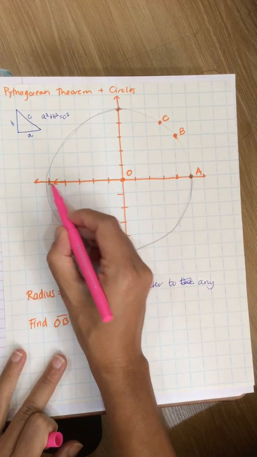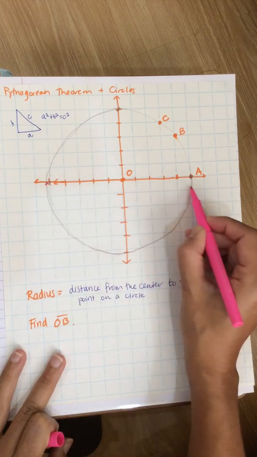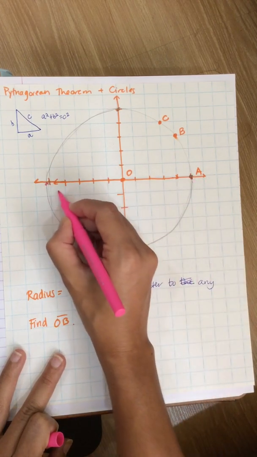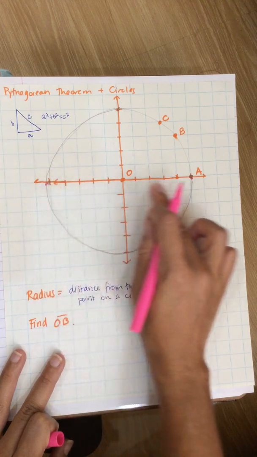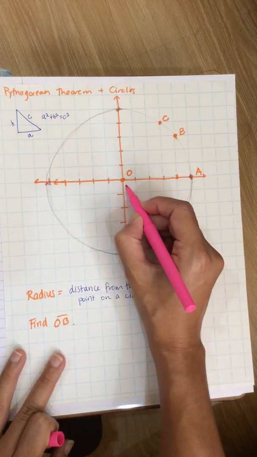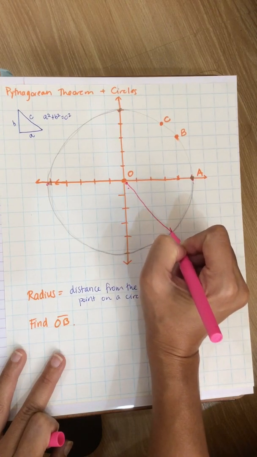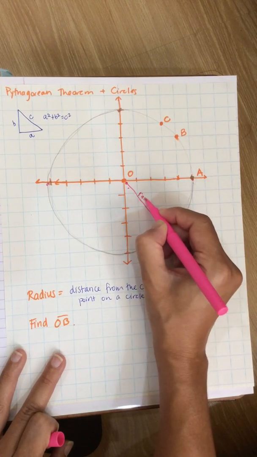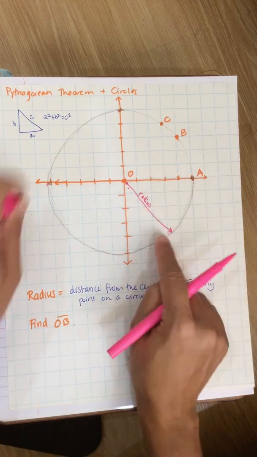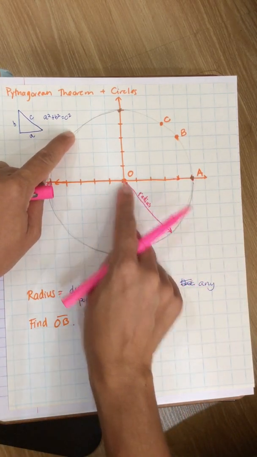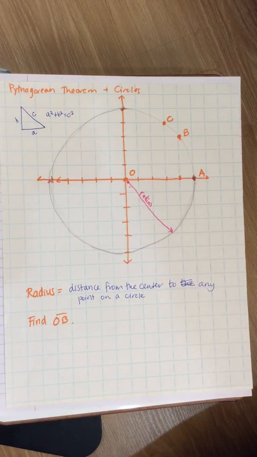If you were going all the way across the circle, that would be the diameter. The diameter is all the way across. So the radius would just be the distance from the middle to any point on the circle. So it's half of the diameter. The diameter is the whole way across, and the radius is halfway across. Okay, so just something to remember.